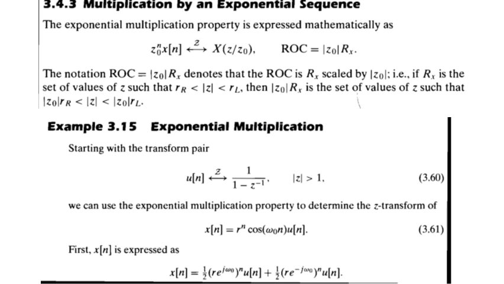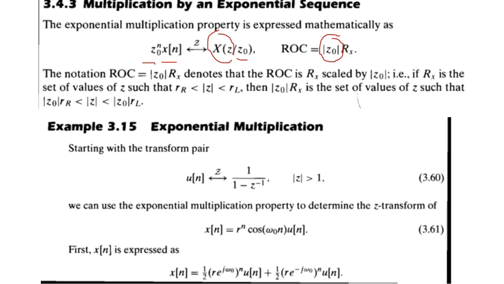Now the other property is multiplication by an exponential sequence. For example, if we have a signal x of n and we multiply it with z naught power n, which means an exponential, then our z transform x of z will be divided by z naught. So whatever the exponential is, our z transform will be divided by that z naught, and the ROC will be scaled by z naught.